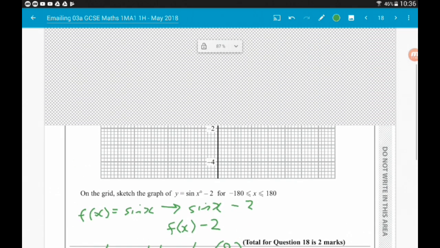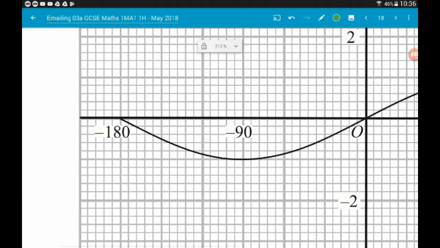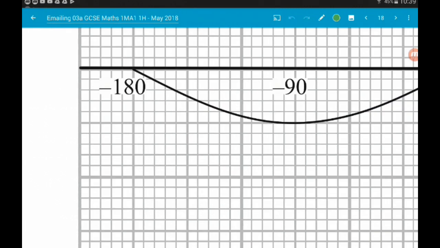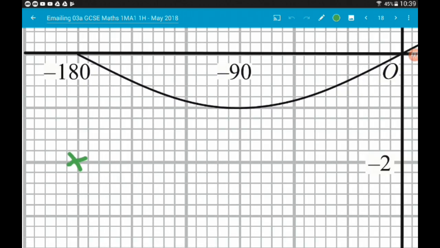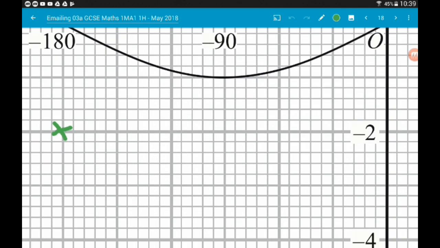So every point is going to be 2 places below where it is now. So starting from the left, this point at minus 180, 0 will now be minus 180, minus 2. The trough at minus 90, minus 1 is now going to be minus 90, minus 3.